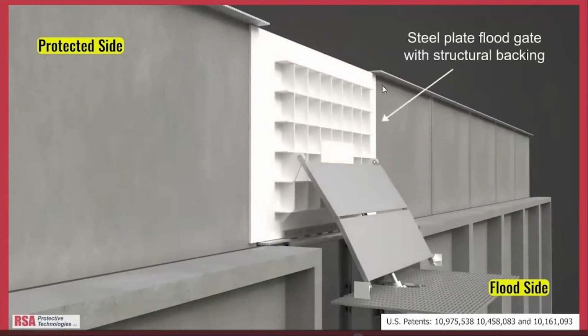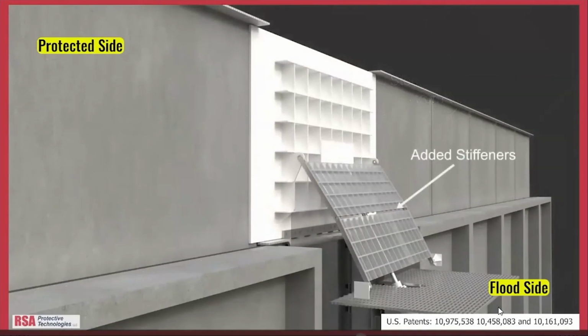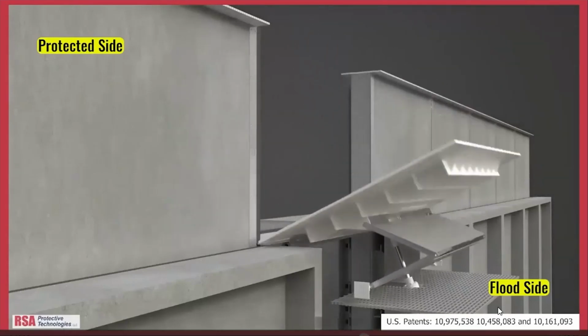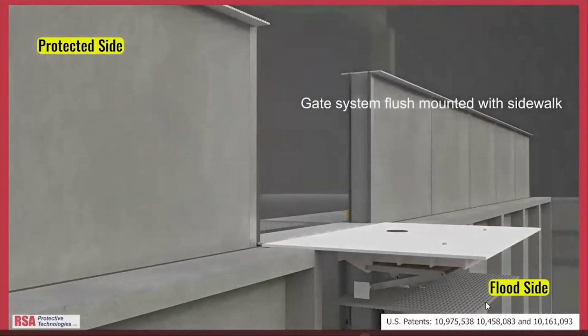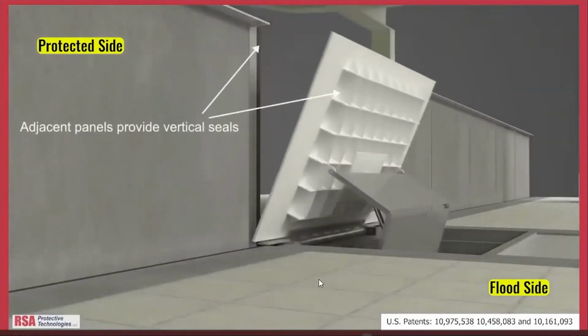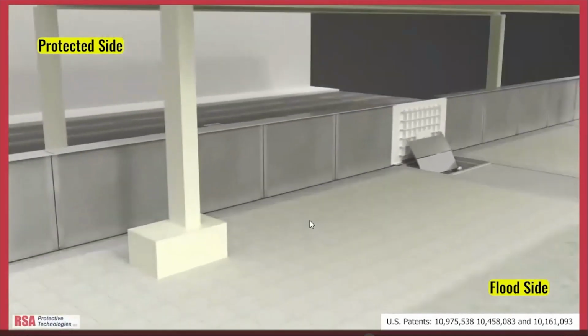So that would seal against the raised-up walls. And in the retracted position, this would be flush to the ground and allow pedestrian access.